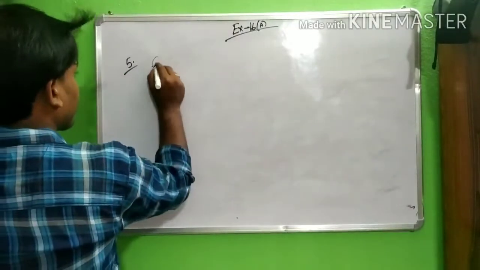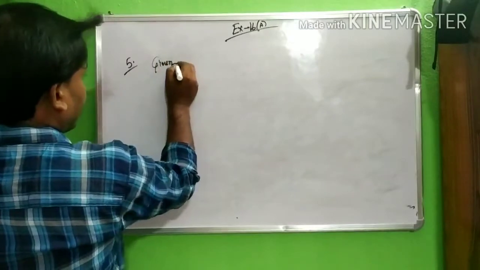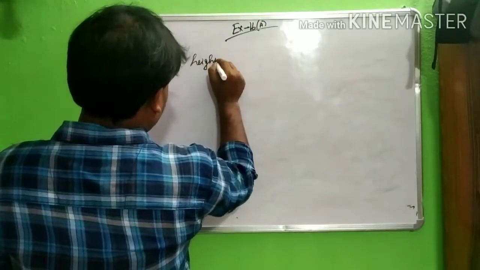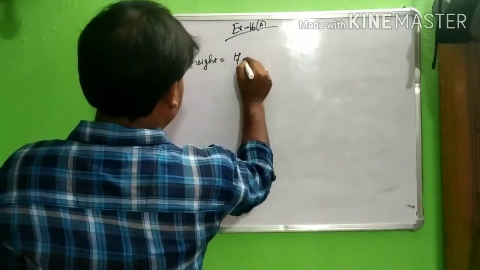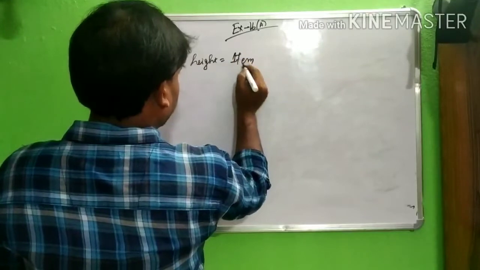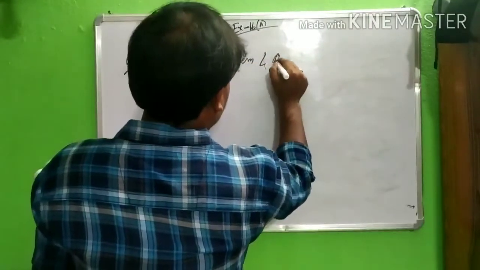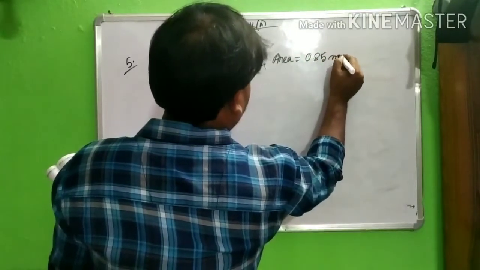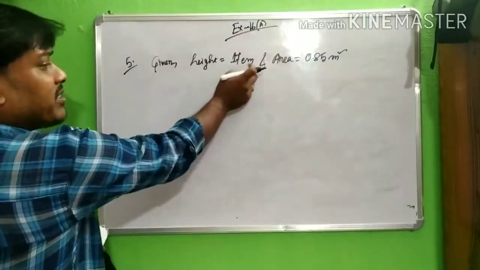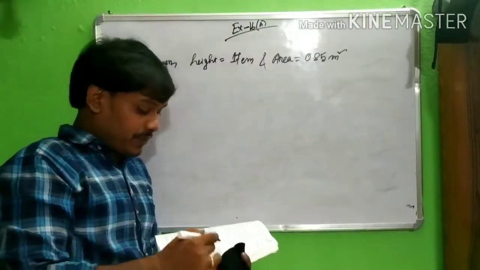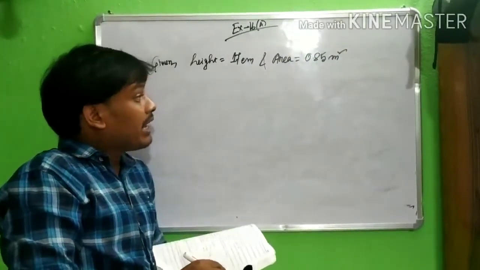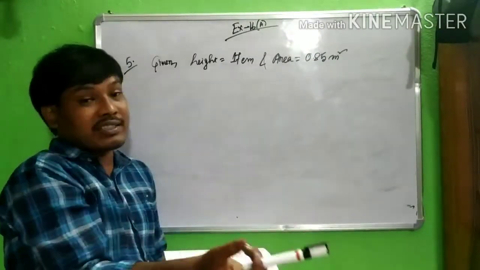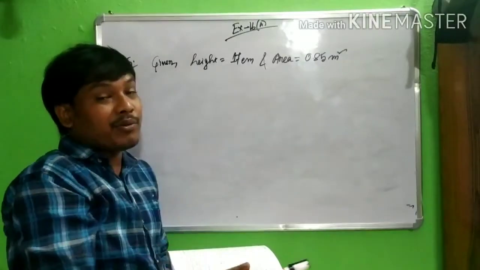So given: height equal to 17 centimeter and area 0.85 meter square. So the units are not equal. So our first aim is to convert both values into the same unit.